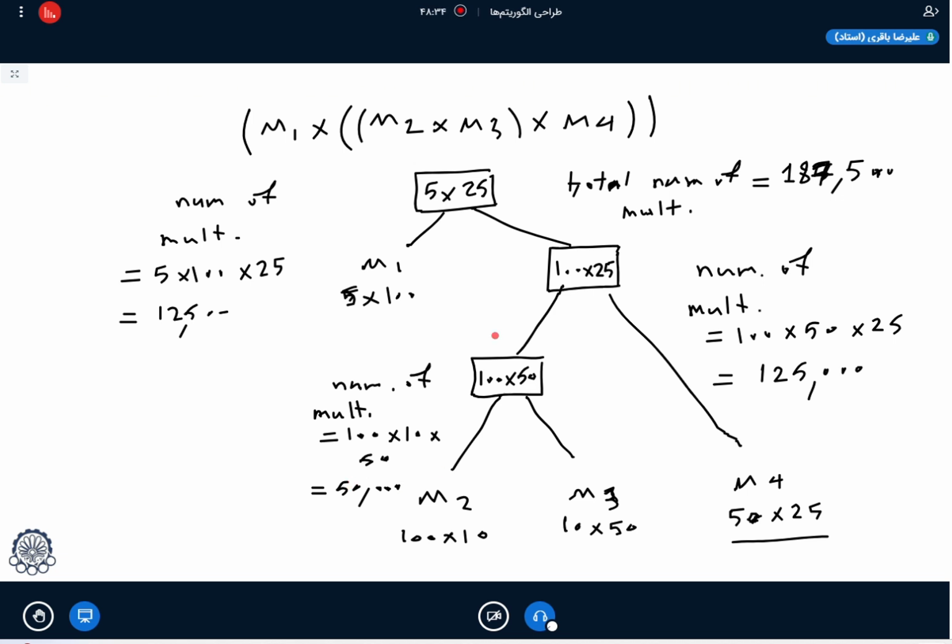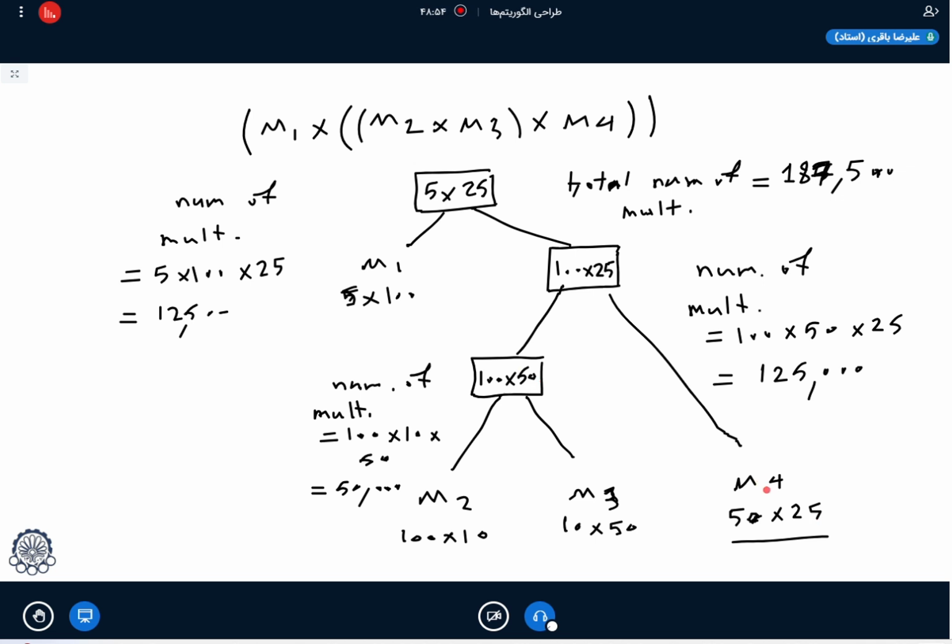And we get a result matrix that has 100 rows and 50 columns. Then it is multiplied by M4. M4 has 50 rows and 25 columns.